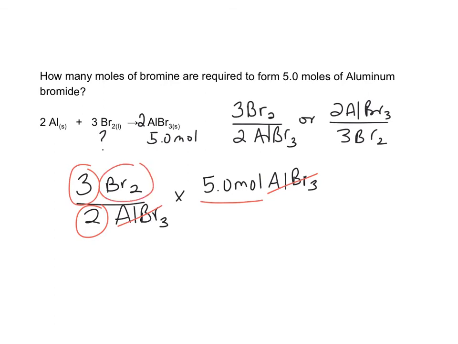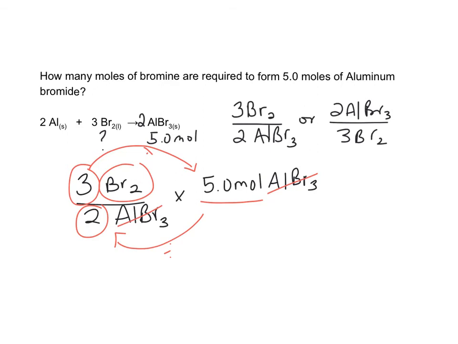Now you do the math on the numbers: multiply any number that's on top, divide by any number on the bottom, and your units are now moles of Br2.